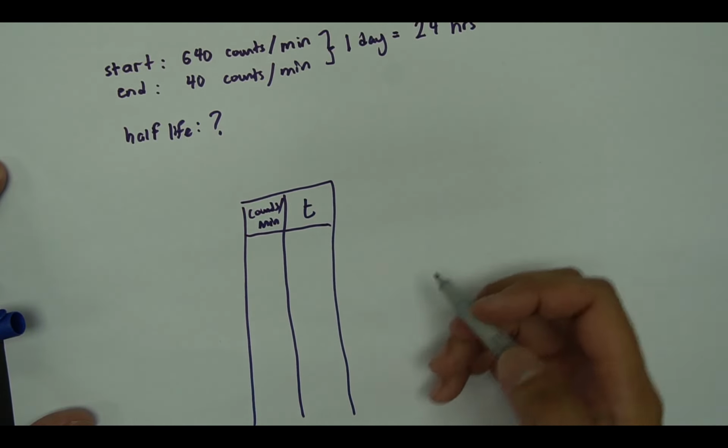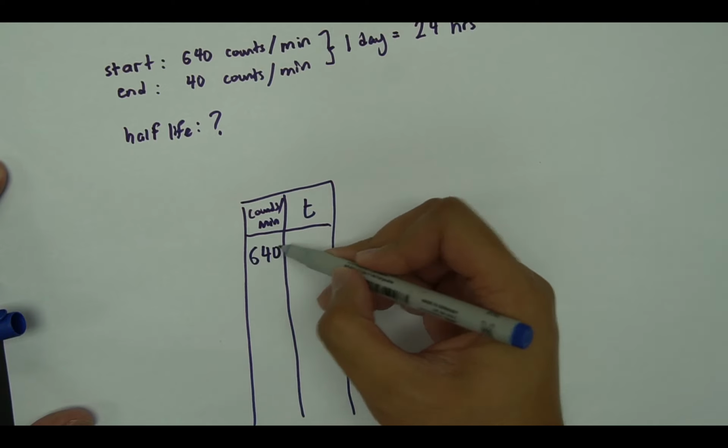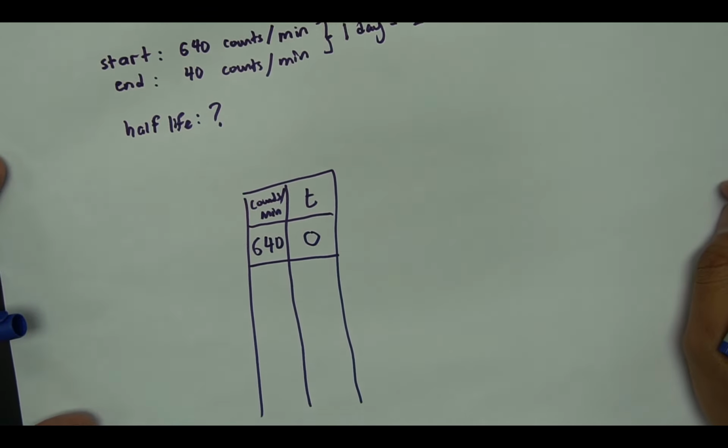Okay. So in the beginning, we have 640 counts. So that is the beginning. So time is 0.